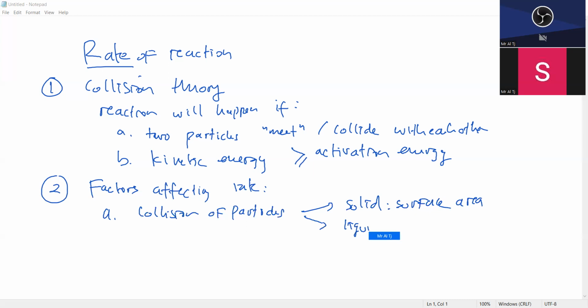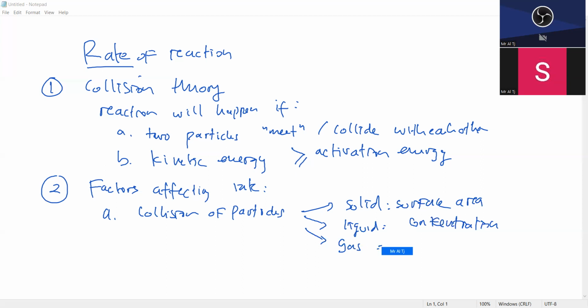For the liquid, generally we are going to have the particles swimming in water. The more particles per unit volume means there will be more possibility for them to meet each other. So we're going to talk about the concentration. The higher concentration means there will be more particles per unit volume. It has no use that you have more particles if the volume is also increasing. It's the concentration that matters, not the actual total particle number.